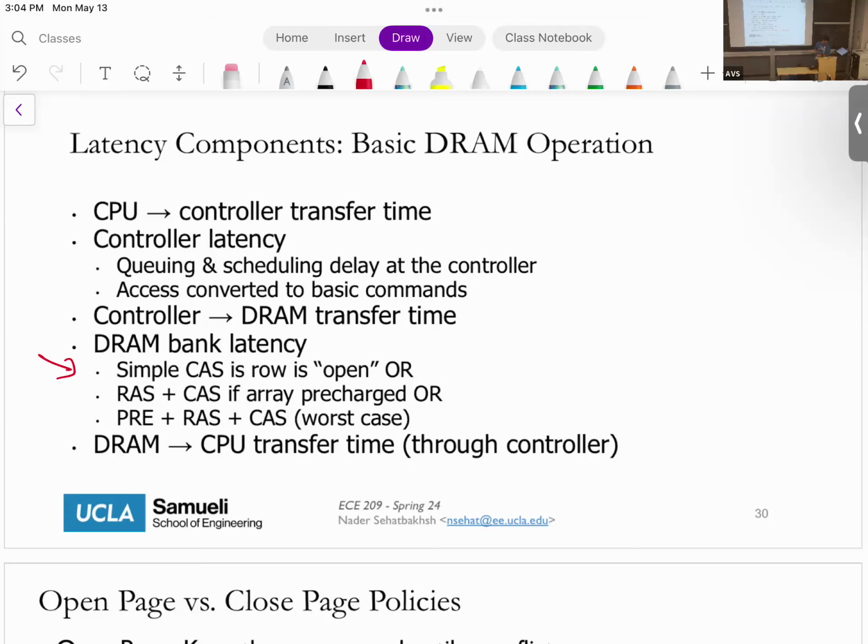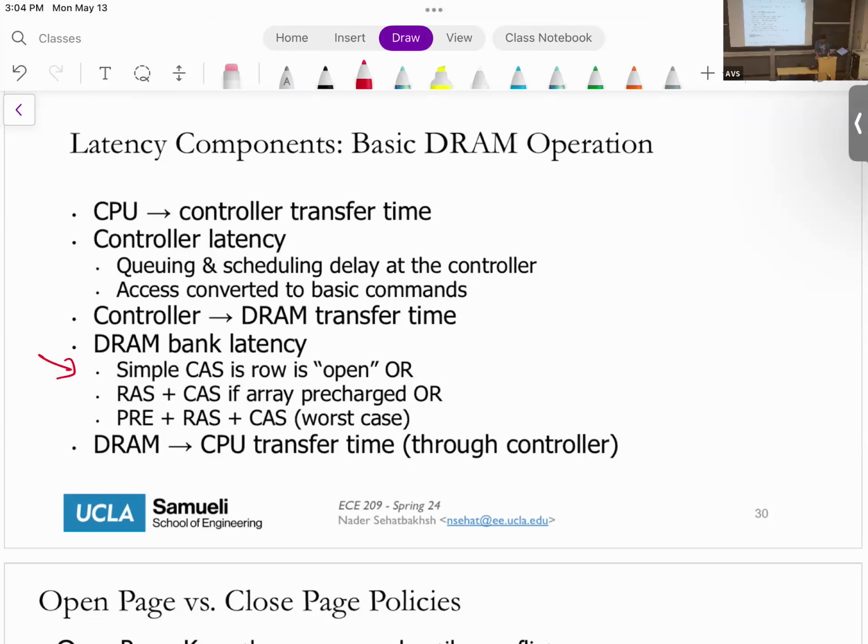If you need to pre-charge the array, then you need the row access time and the column access time. If you need to pre-charge the previous row and then do the row read, then it would be the pre-charge, RAS, and CAS.